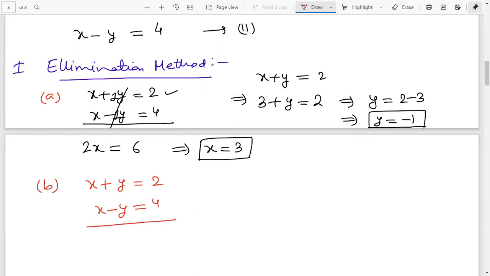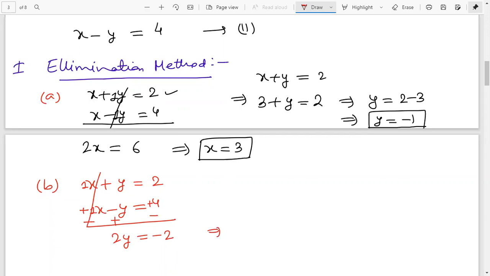Suppose we subtract, because the x coefficients are both plus 1. The sign will change when we do subtraction: minus becomes plus, and plus becomes minus. So the x term is now eliminated. y plus y is 2y, and 2 minus 4 is minus 2.